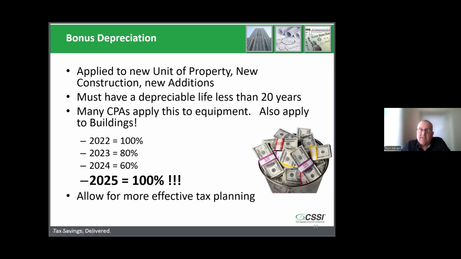So what it means is that what you can do with 100% bonus depreciation is take all the components that are less than 20 years depreciation lifespan, that includes the 15, 7, and 5 years that I mentioned to you, and apply them all in the first year. So you actually allocate all your depreciation expense into year number one.